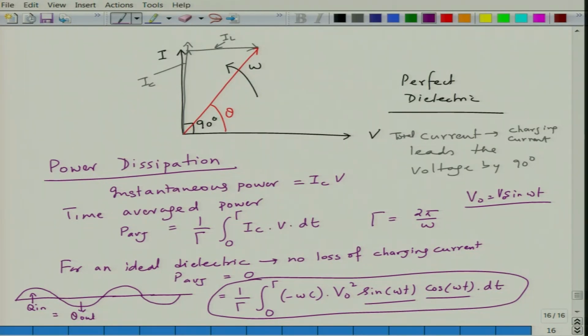There is no loss of charge. It is like a perfect oscillator, a swing or a spring, with no damping in the system, which means it is a perfect dielectric.